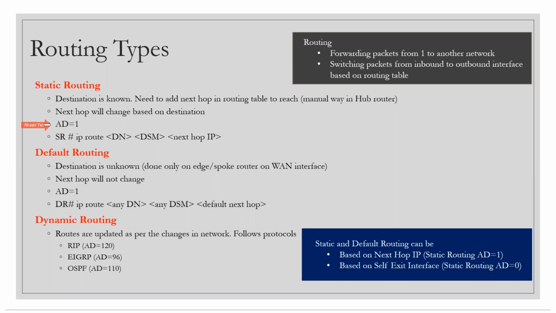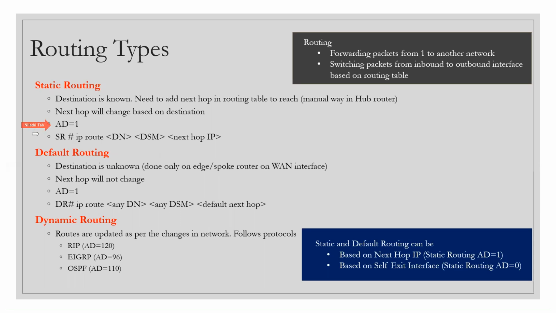Now if you have multiple routers with multiple paths, and each path uses a different routing protocol, which we normally use in dynamic routing, then the best route path will be selected based on the AD. So for static, the AD is by default 1.